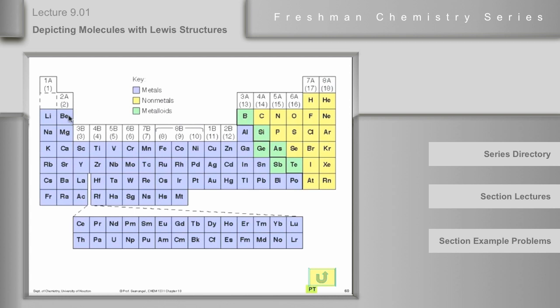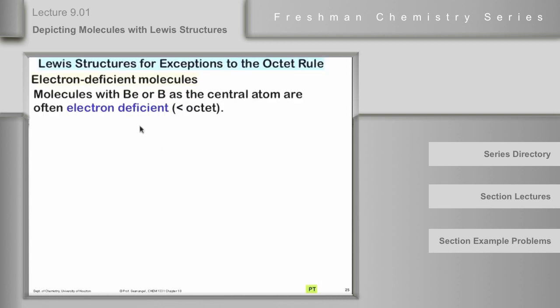Beryllium also forms ionic compounds, but boron doesn't. You could see that beryllium starts with 2 valence electrons and boron starts with 3. So beryllium's going to need to pick up 6, and boron would need to pick up 5 in order to get an octet. And the problem with that is there's no simple way to do it.